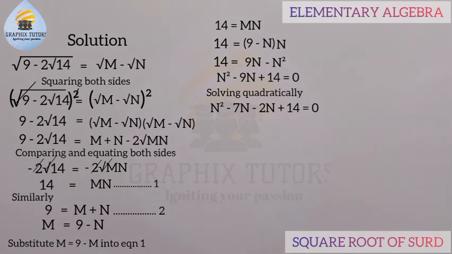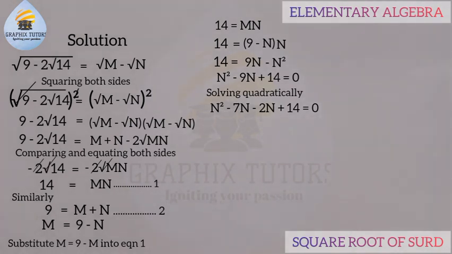And those two values are minus 7n and minus 2n. And why am I using minus 7n minus 2n? Because minus 7n minus 2n will give us minus 9n, and minus 7 times minus 2 will give us 14, right?